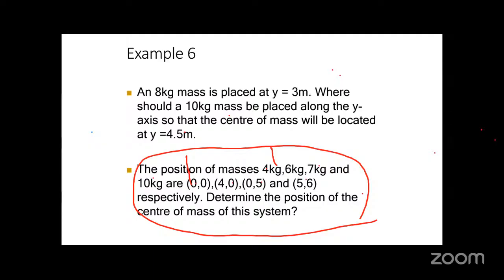So when you see distances represented in this form, it means the first one is X, the second one is Y. So if I want to find the center of mass for X, I will use 4 kg, which is M1, and the first 0, 6 kg, which is M2, and 4 for the X2, then 7 kg for X3, then 10 kg for X4.